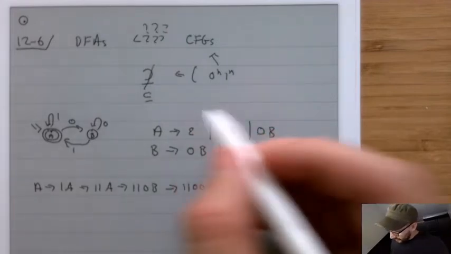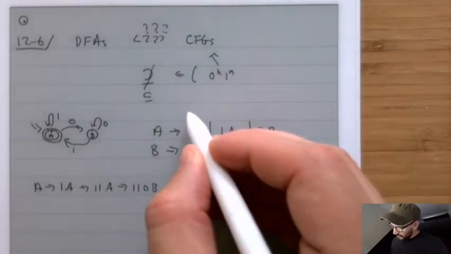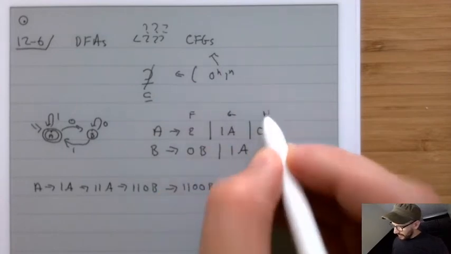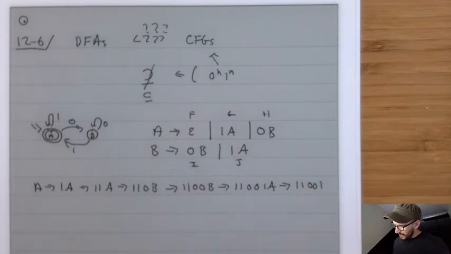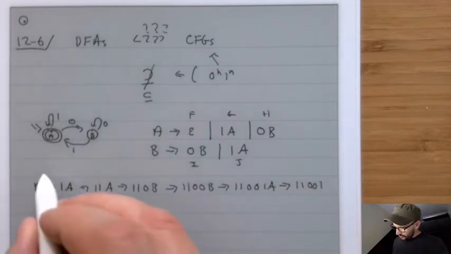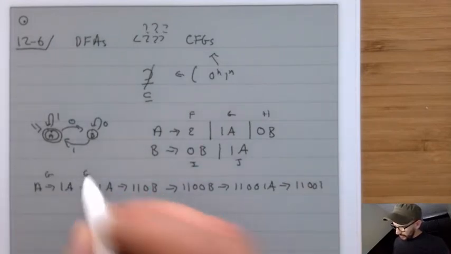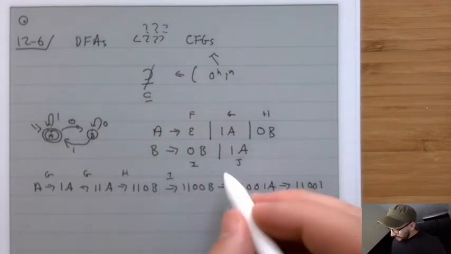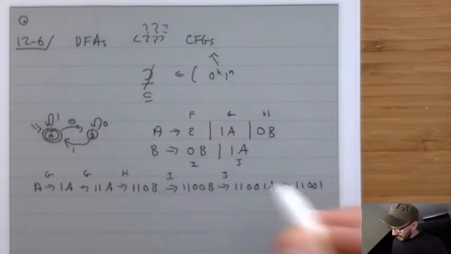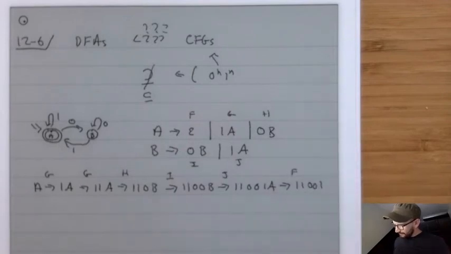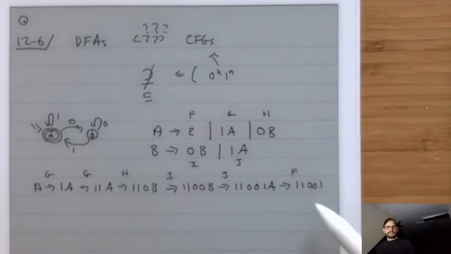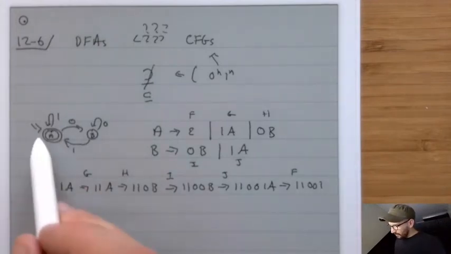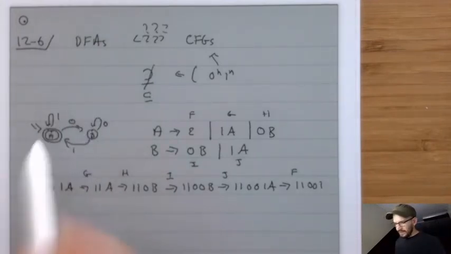If we label each one of these rules F, G, H, I, J, here we used rule G, then we used rule G, then we used rule H, then we used rule I, then we used rule J, then we used rule F. Okay, is this string accepted by this machine? Well, let's follow and see what happens. We get 1, 1, 0, 0, 1. That's accepted.